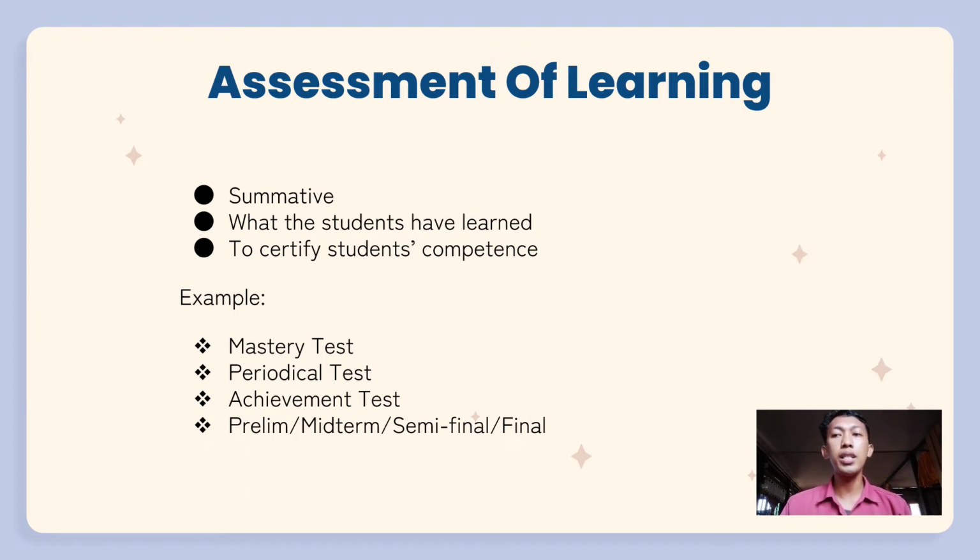First, it's summative, and second, this assessment is taken from what the students have learned before, and the last one, the aim of this assessment is to certify students' competence.